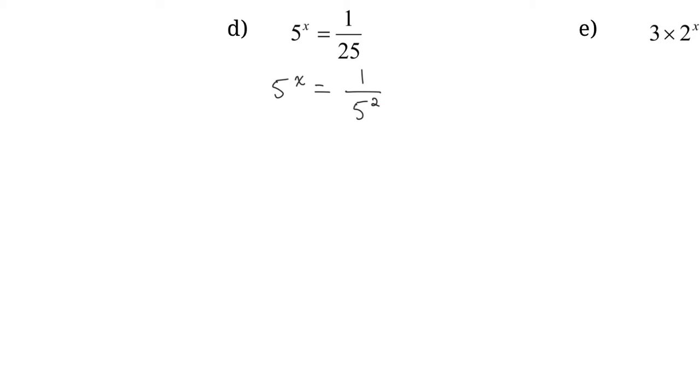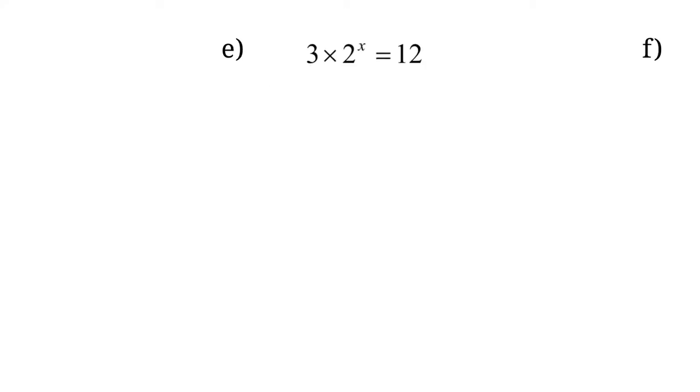And the only way to do that right now is taking this exponent and making it negative. So that means we have 5 to the power of x is equal to 5 to the power of negative 2. These two things here are equivalent. And that means since we have the same base of 5, our exponents are equal, so x is equal to negative 2.